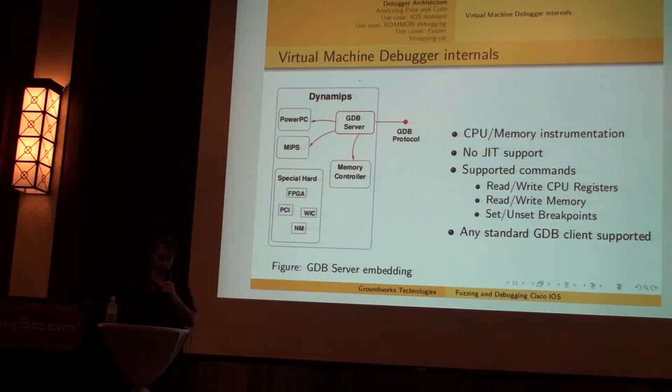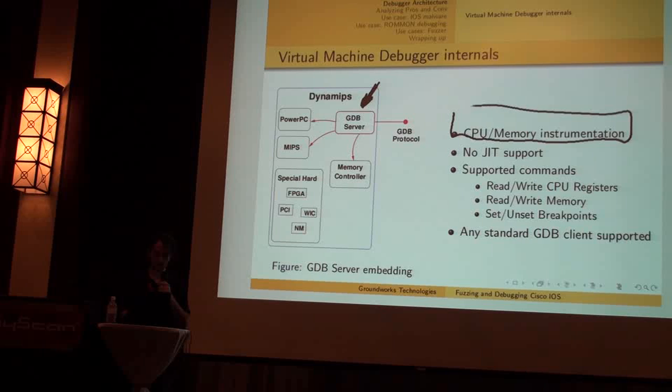We just placed this little module here, you can see in red. This is a little patch, not so little, but it's basically just a patch for the emulator that allows you to connect to it with any standard GDB client, for example, GDB itself or IDA Pro. And it's actually standard, so it will run with any client. We had to, of course, modify the CPU implementation to allow for control registers and memory.